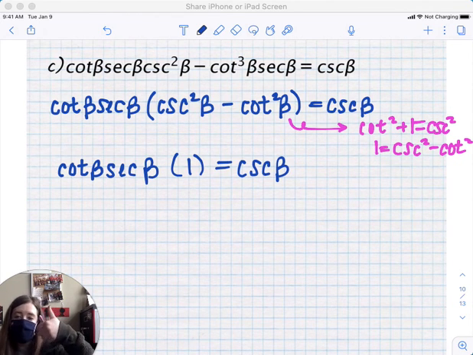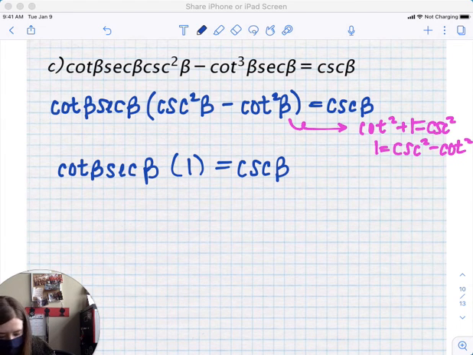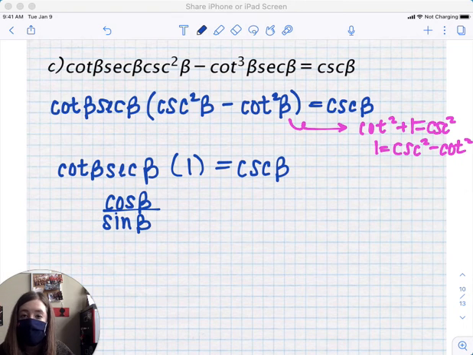So we took care of a GCF. We took care of our Pythagorean identities. Now we'll turn everything into sine and cosine. So cotangent is going to be cosine of beta over sine of beta times secant, which is 1 over cosine of beta.